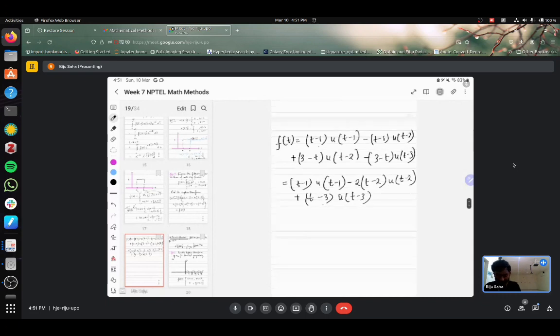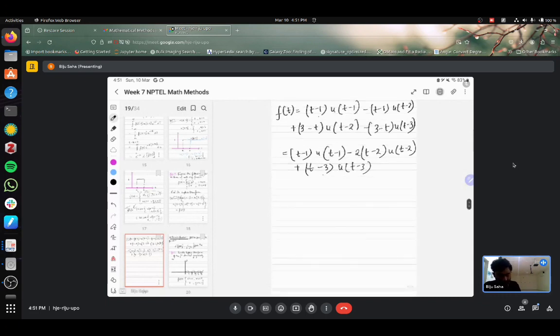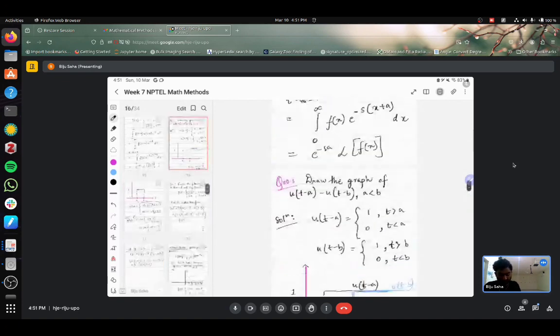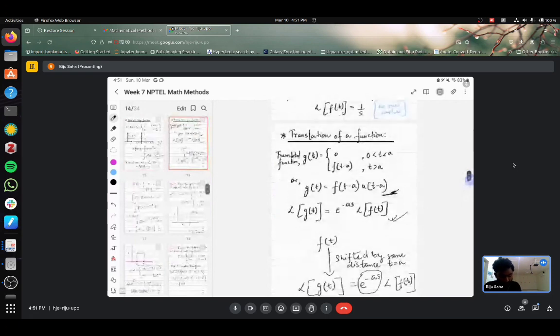So this is the resultant form of this. Remember we had learnt a property of this step function. So that property was here. We will use this property and easily get to our problem.